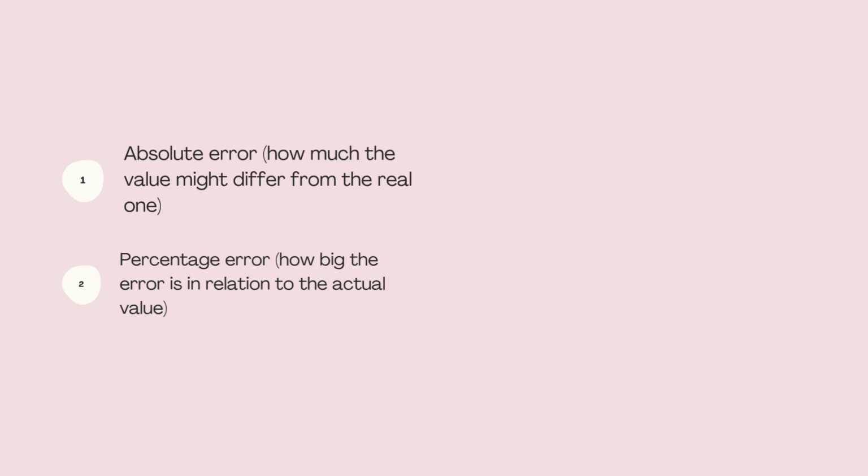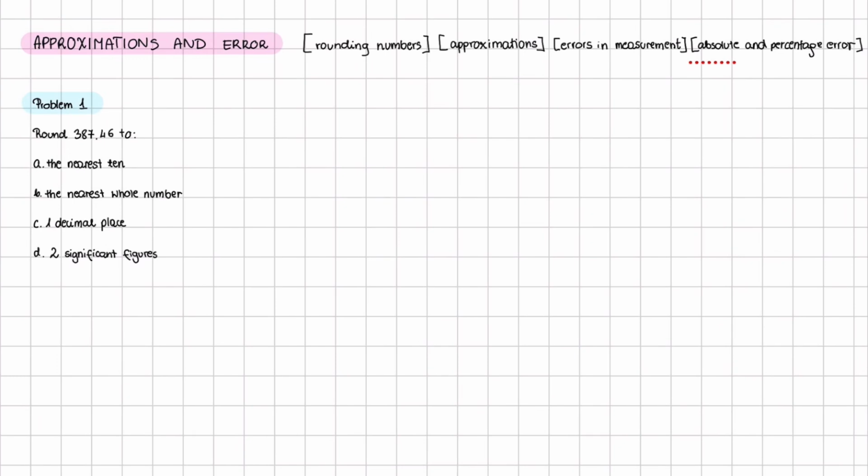Let's go through three practice problems: easy, medium, and challenging, so you can see how this works in action. So let's start with problem number one. We have to round 387.46 to firstly the nearest 10.